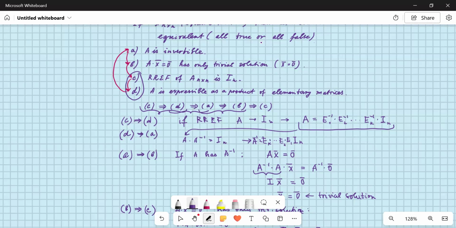And the reduced row echelon form is the identity, which is more related to the trivial solution. And A is expressible as a product of elementary matrices. It doesn't look like there are any clues in the previous three to bring you to this conclusion. But all these four, on the first side very unrelated, statements are actually equivalent to each other if you are talking about matrix A.